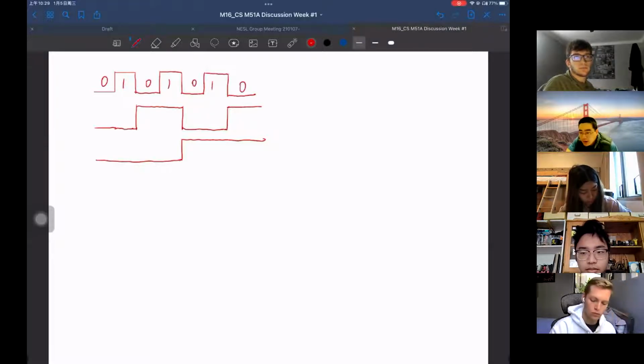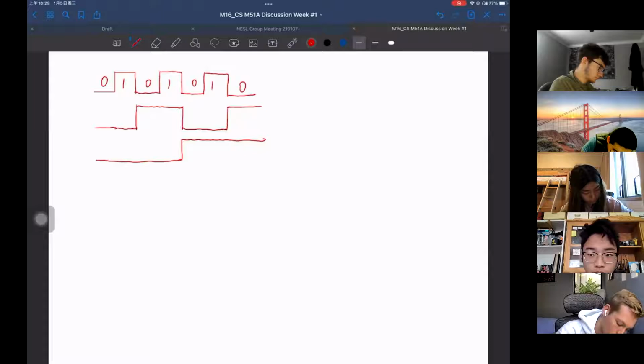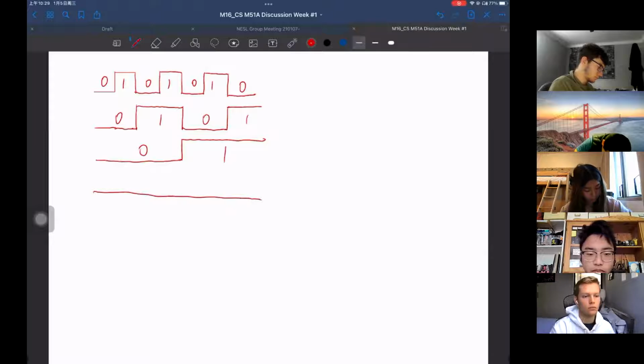It's just a square wave with duty cycle 50%. For the second clock, I'm going to halve the frequency, which is 0, 1, 0, 1. The third one will be even slower, 0, 1. And if you want more bits, you can have something like this.